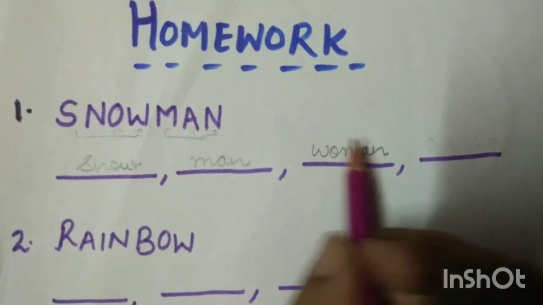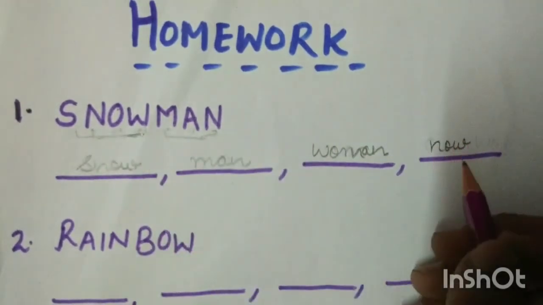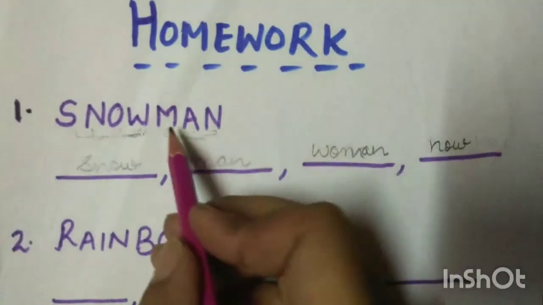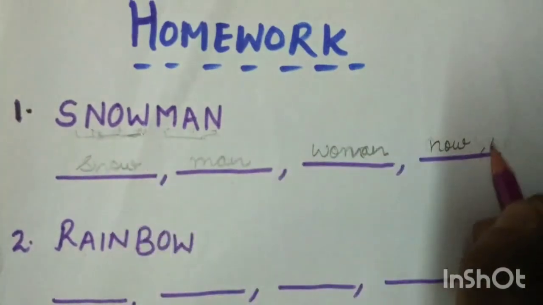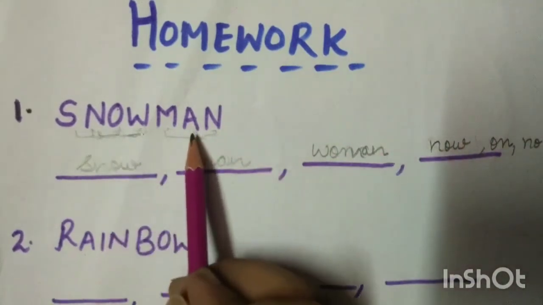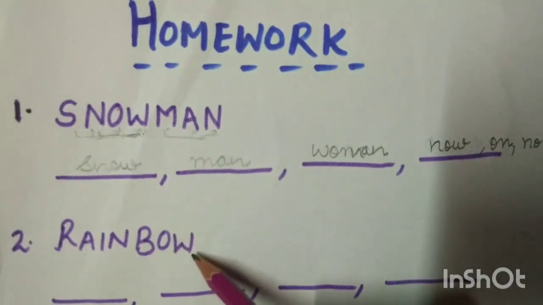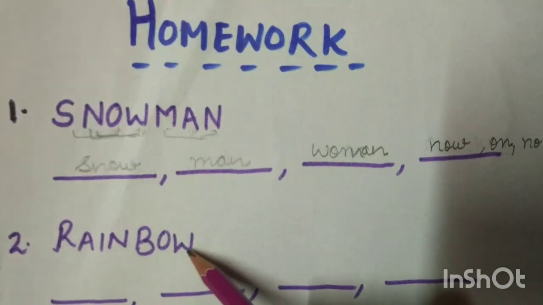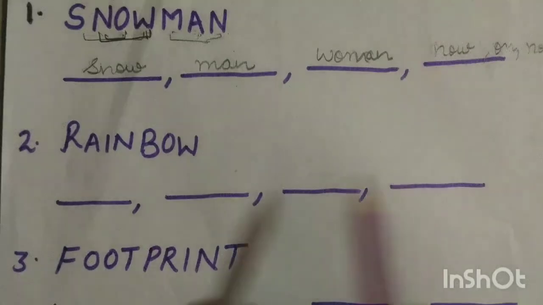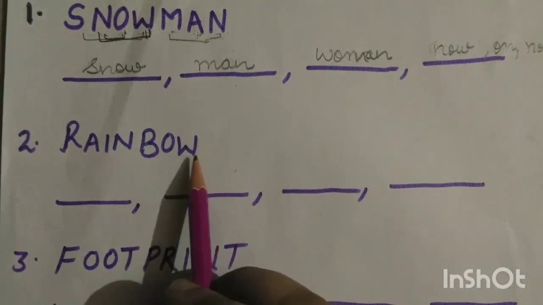Then now, N-O-W, now is also a word. On and no also we can find in this word. So this way you have to do this homework. You have to find out the hidden words from the word given below. I hope you all understood these two questions and you can do this question easily at your home.